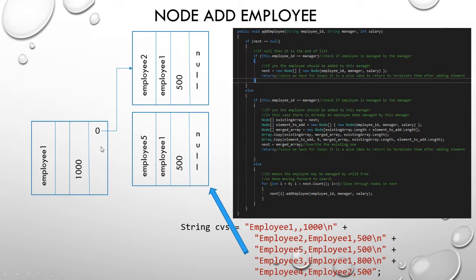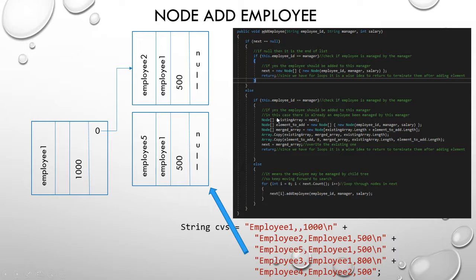To do that, remember that we are using arrays in next. Because this next is not null, it means that there is an element in that array. And in our case now, our array has size of 1. So we cannot just add an element to index 1 because the existing array has size of 1. So what we are going to do is merge.